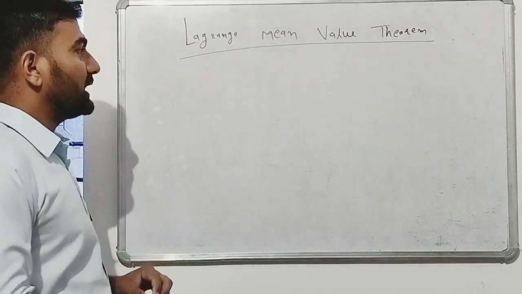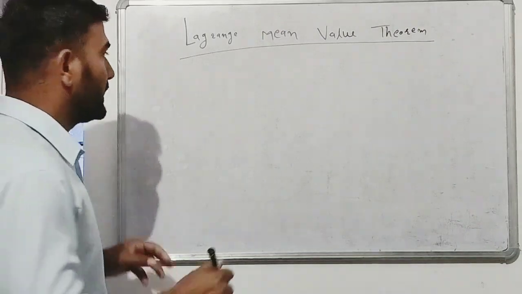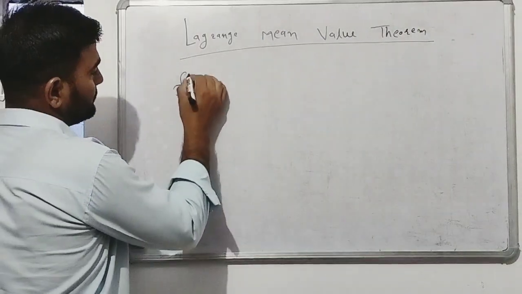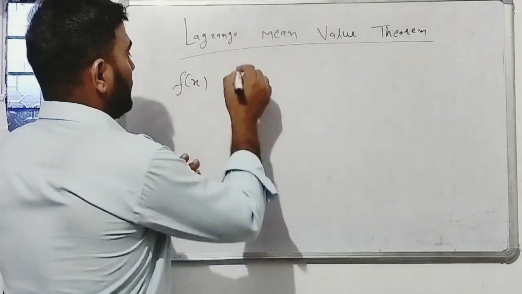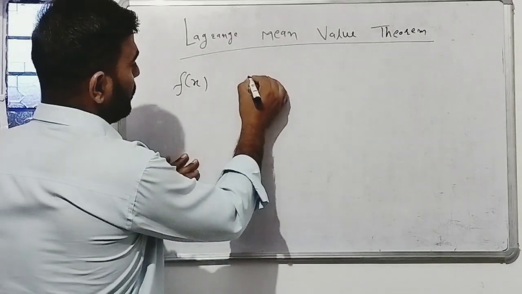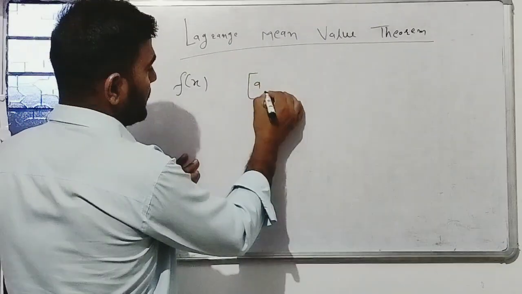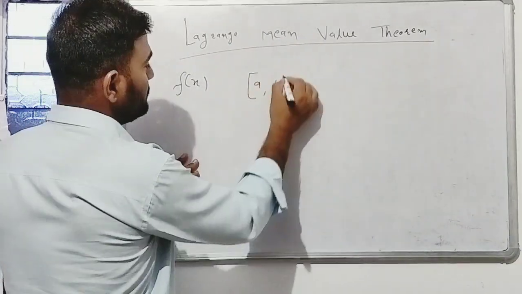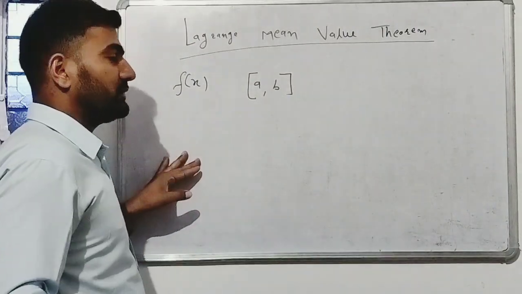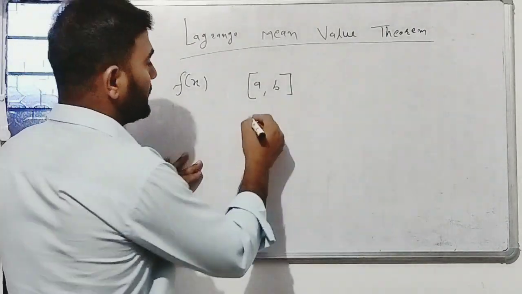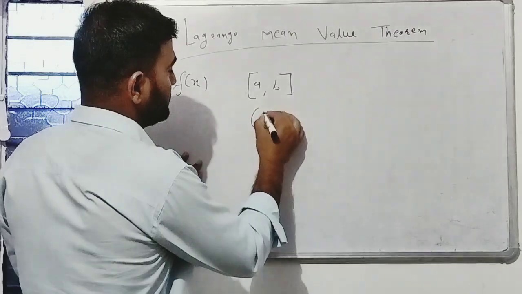It says that if there is a function f(x) that is continuous in the closed interval a to b and also differentiable in the open interval a to b.